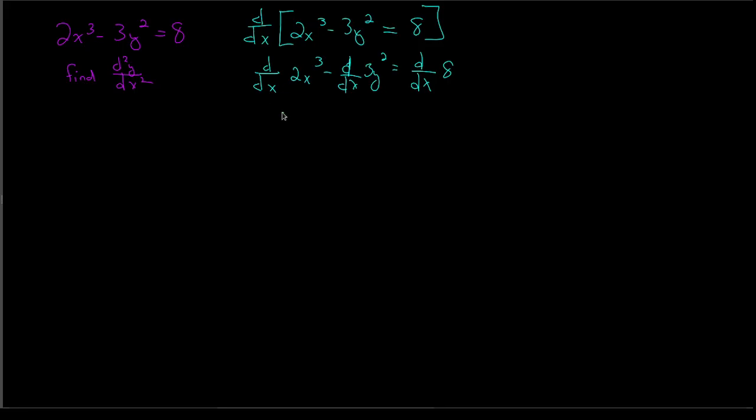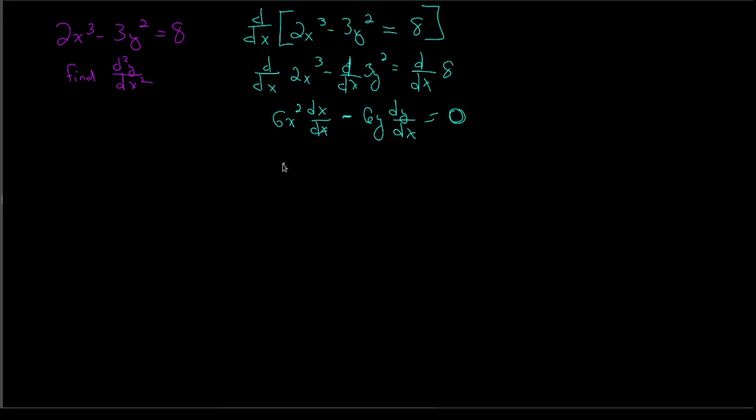And so this becomes 6x squared dx, because our variable was x, and of course dx over dx will become 1. This is 6y dy/dx, and the derivative of a constant is 0.